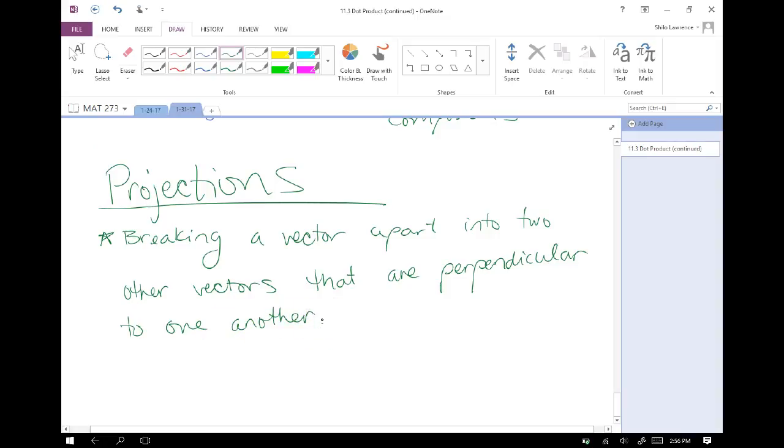So we're going to be breaking a vector apart into two other vectors that are perpendicular to one another.